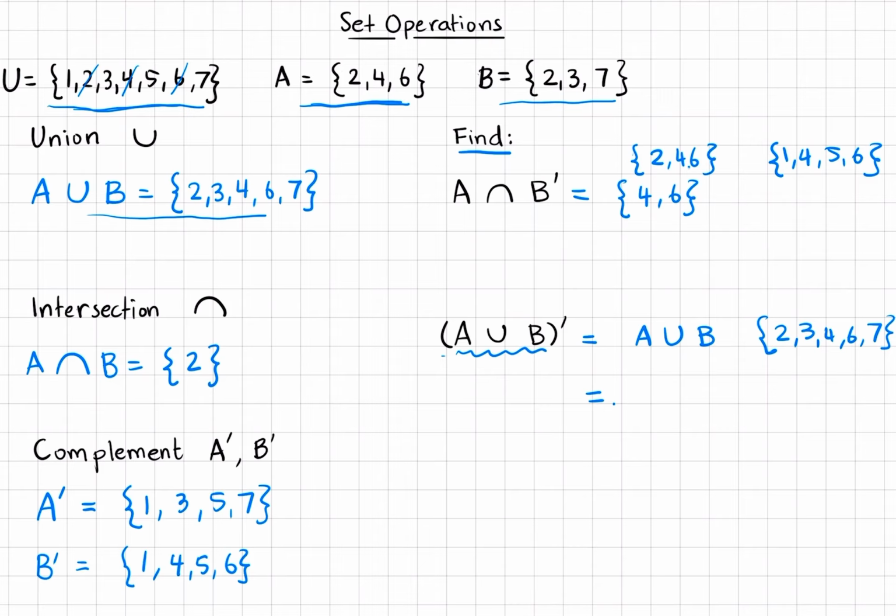So we're canceling out 2. Let's look at our universal set. We're canceling out 2, 3, 4, 6, and 7, which leaves us with 1 and 5. So our answer is 1, 5.